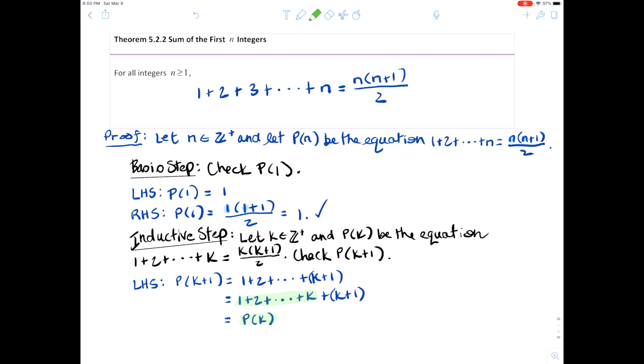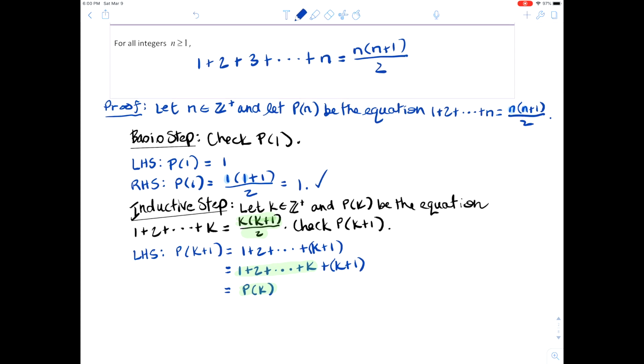And what was P of K? Awesome. P of K was this here. Groovy? All right. So that's really one of the big tricks of using mathematical induction as a tool.